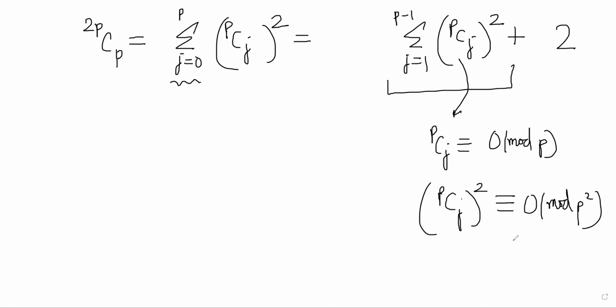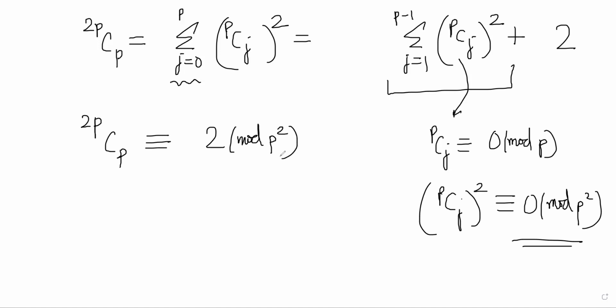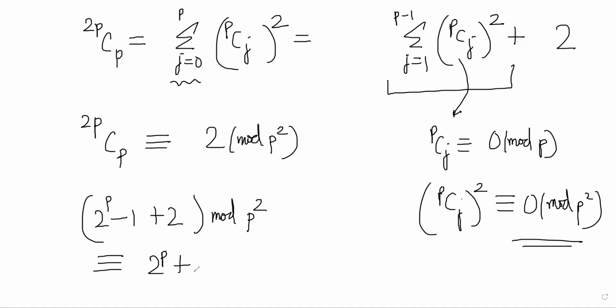That is obvious because pCj is a multiple of p, so pCj square will be a multiple of p square. So overall, 2pCp is coming out to be 2 mod p square. So the overall summation is becoming 2 power p minus 1 plus 2 mod p square, which is basically 2 power p plus 1 mod p square.